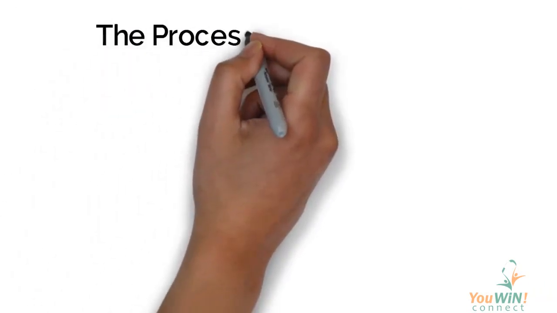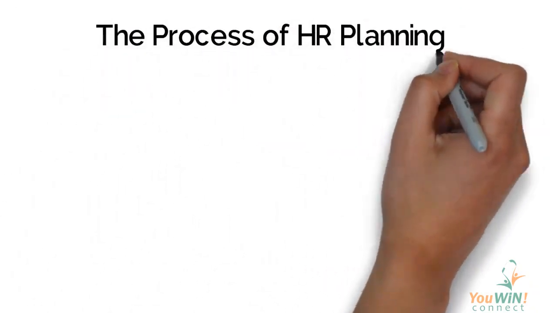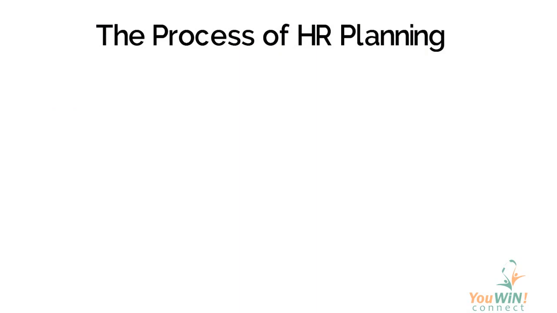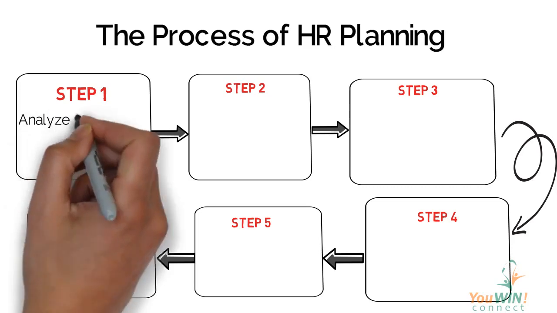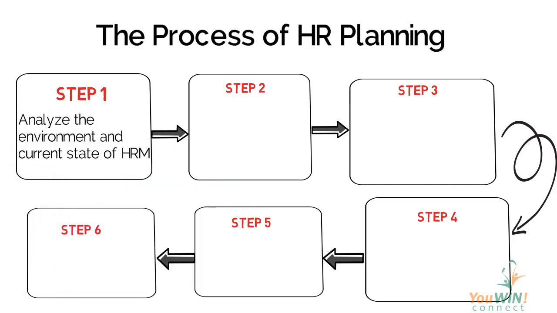We're now going to look at the process of HR planning. Looking at the slide we have now, you can see we have 6 steps. We're going to look at this in detail, but now let's just quickly glance through the steps. Step 1, we analyze the environment and current state of HR management.